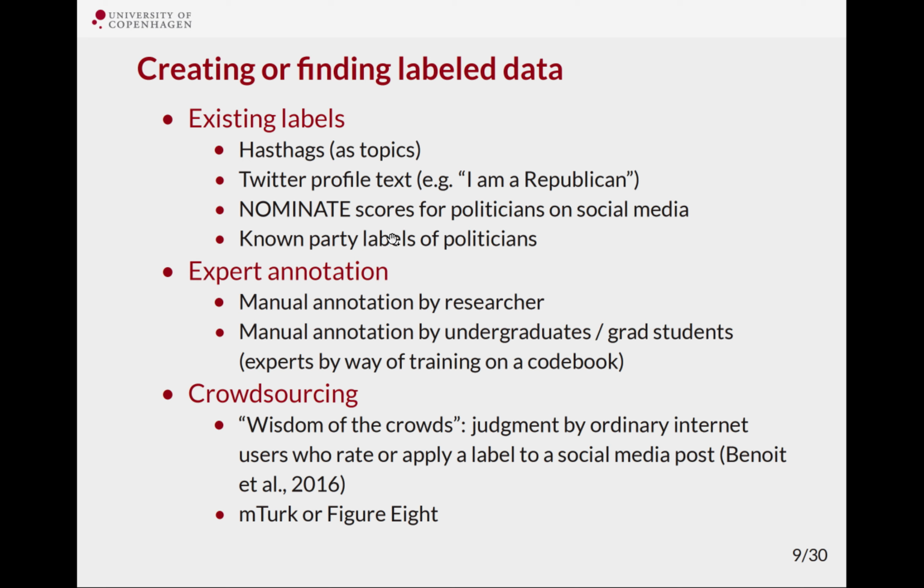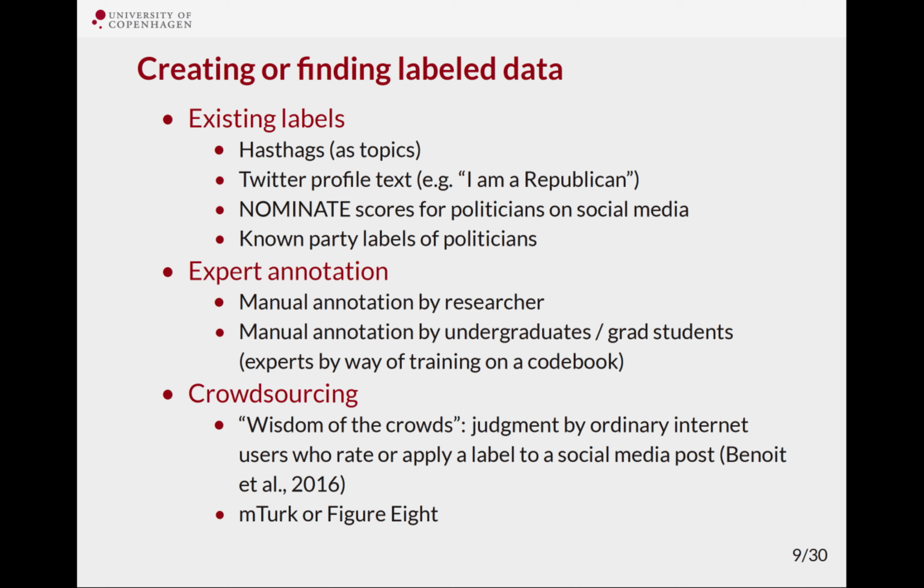Another way to think about it is, we've talked about nominate scores before. Nominate scores are just measures of the ideology of members of Congress based on their voting record. But you know that there are 535 politicians in the US Congress. They all have a nominate score. And let's say you wanted to measure the ideology of users on Twitter. Politicians, of course, are users. And so you have the ideology of those 535 members of Congress.